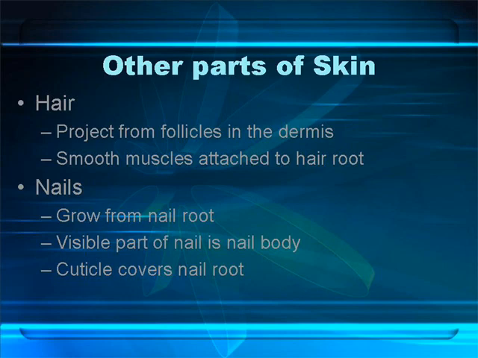So if anybody in here has ever had chill bumps, where the hair on your arms or legs stands straight up on end, that's the result of that muscle contracting. Your fingernails and toenails also grow from a nail root that's found within the skin. The part of the nail that you can see is the nail body, and it's the cuticle, that base of your fingernail or toenail, that covers the actual nail root.